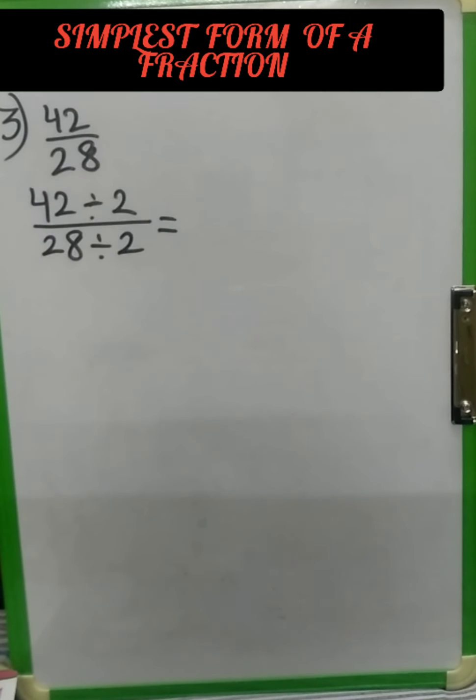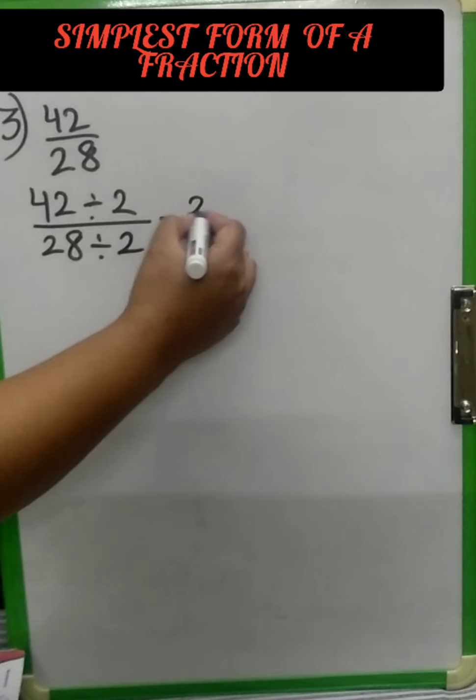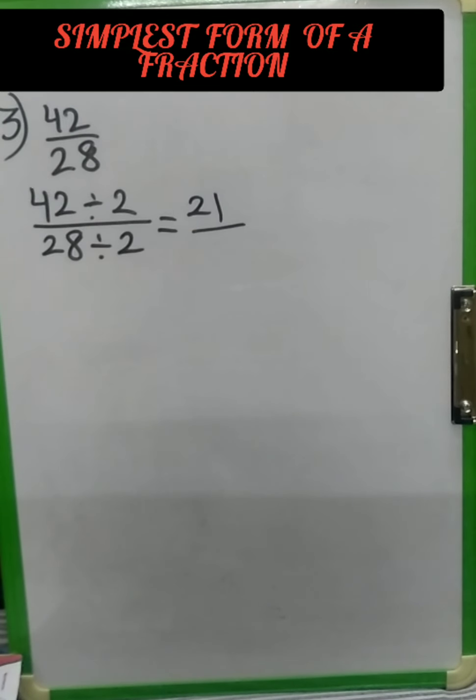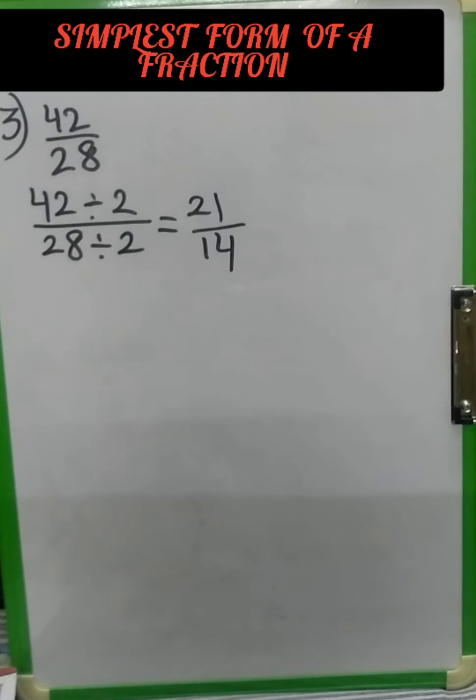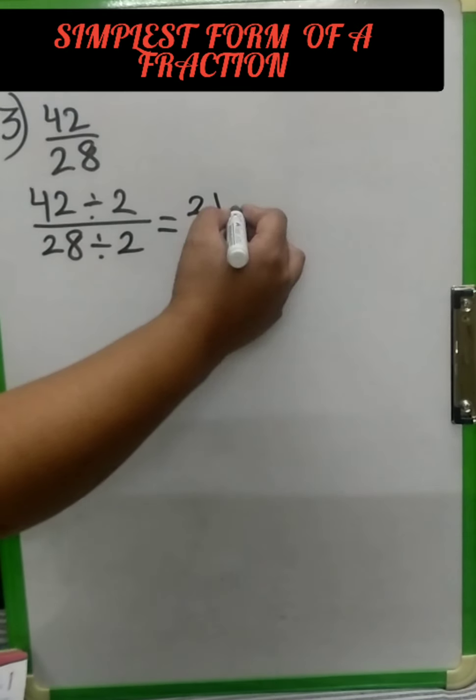So 42 divided by 2, what will we get? 21. And 28 divided by 2 will give 14. Now the next common factor coming to my mind for 21 and 14 is 7.